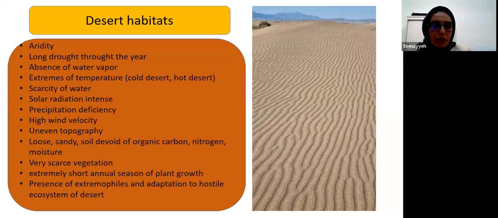Scarcity of water, intense solar radiation, precipitation deficiency, high wind velocity, uneven topography, loose sandy soil devoid of organic carbon, nitrogen, and moisture. Very scarce vegetation, an extremely short annual season of plant growth, and the presence of extreme organisms, extremophiles, and their adaptation to this hostile ecosystem.